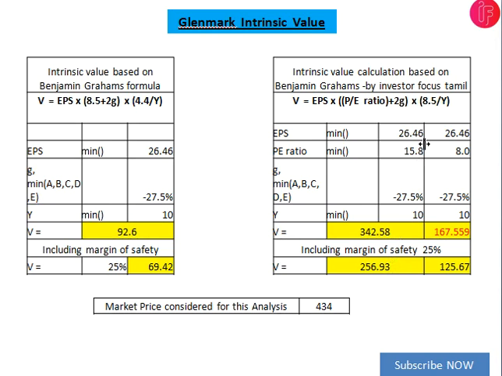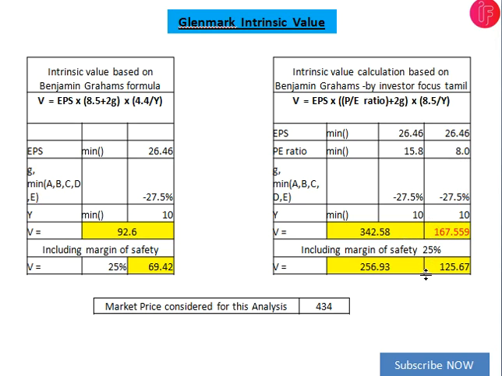Further, in my view, I have made another calculation in the same way, but I have modified the PE ratio from 15.8 to 8, because I felt that 15.8 is overvalued. Considering the recent fall during COVID time, it touched down to 5, so possibly 8 also for me is okay. Considering that, when I calculate, the intrinsic value is only 167 rupees.